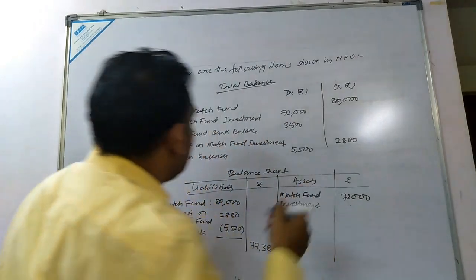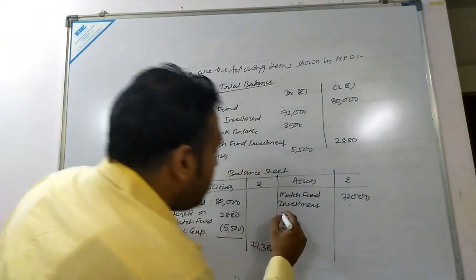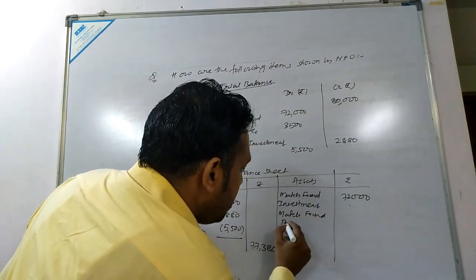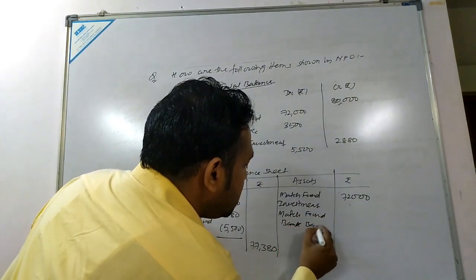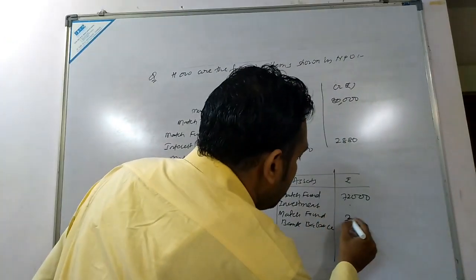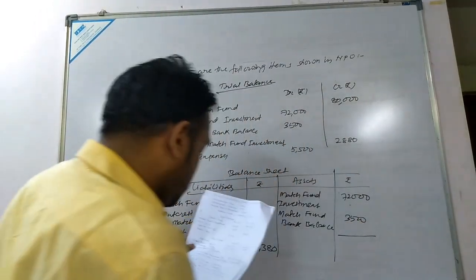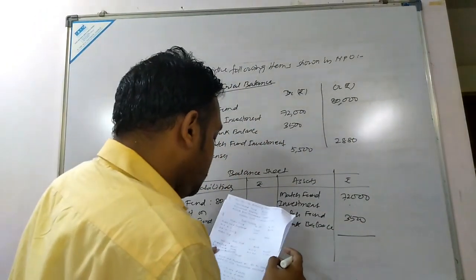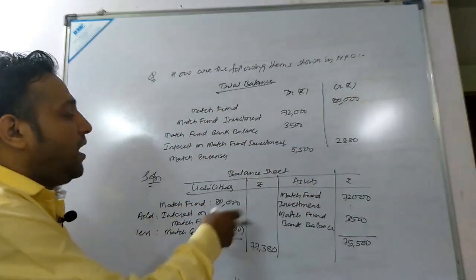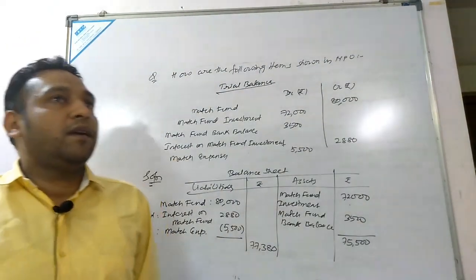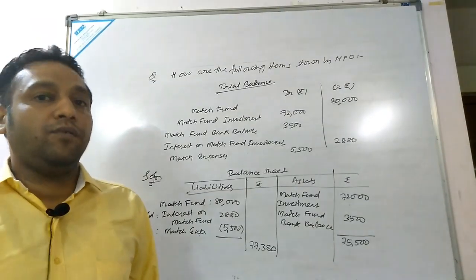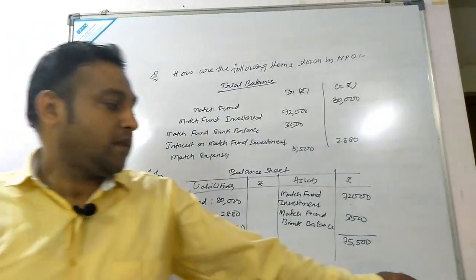Again, match fund bank balance, 3,500. The total would be 75,500. We are not required to match the balance sheet because it has only been asked to show the treatment in the NPO. Okay. Thank you.